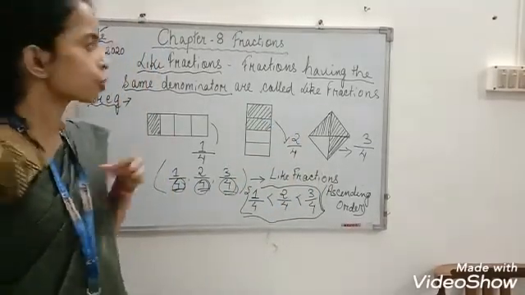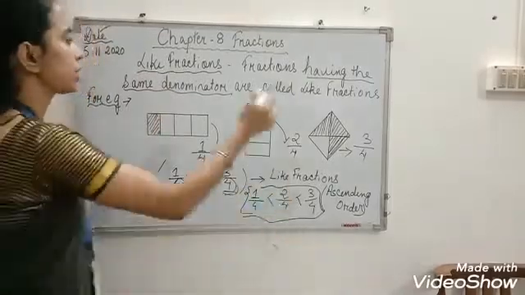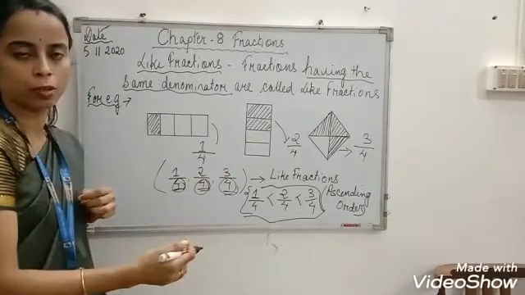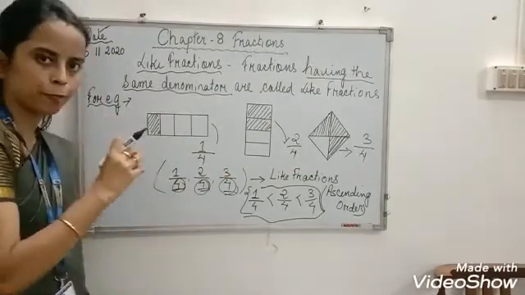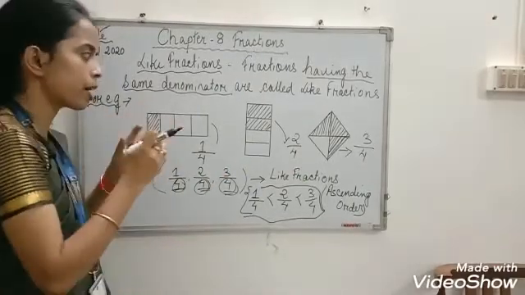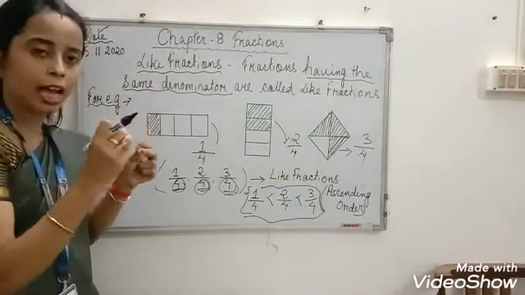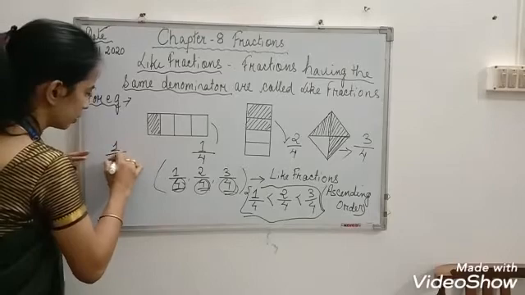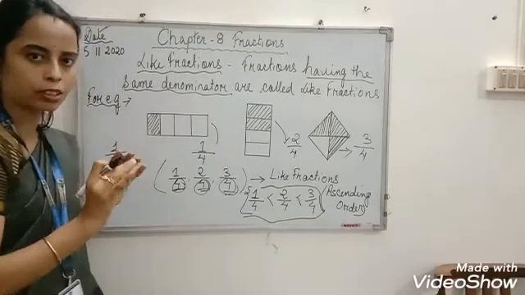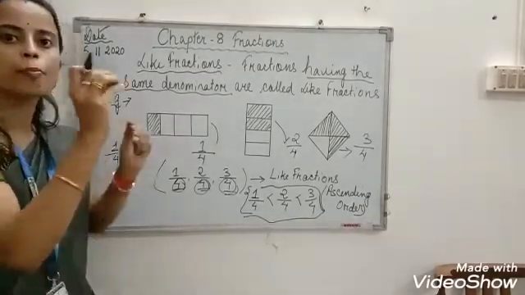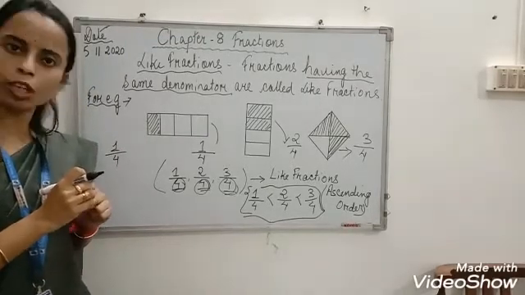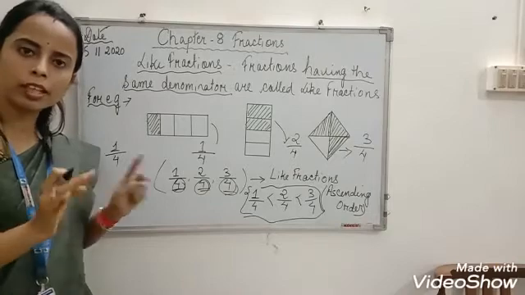Right children? So what are like fractions? Fractions having the same denominator, we call them like fractions. To compare like fractions, we need 2 or more fractions; we cannot compare by writing only one fraction. Got it children? Clear?